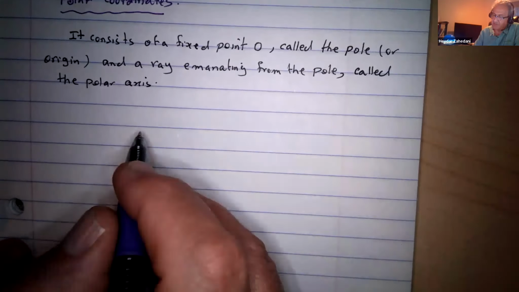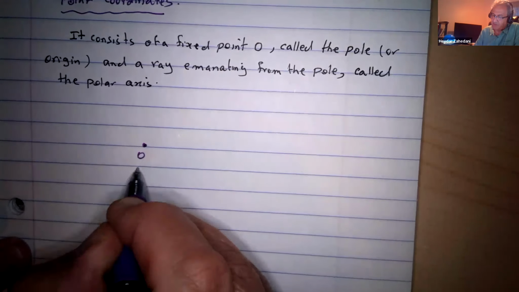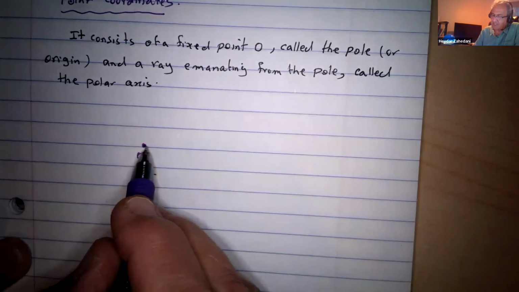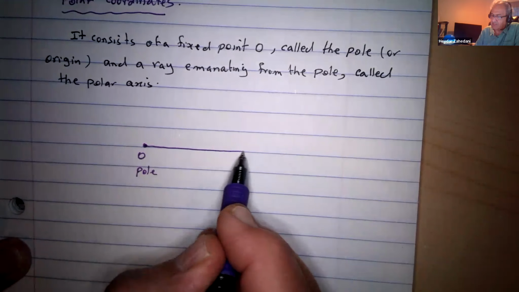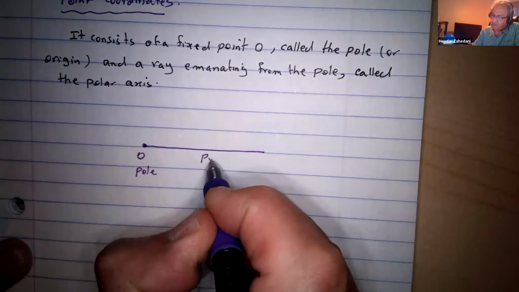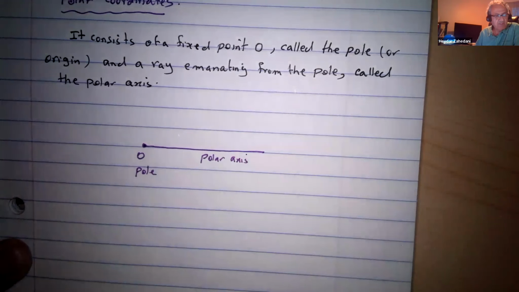You start with the point here. That's the point O, which is the pole or the origin. It's like the origin for the x-axis that we have. Take this line or ray. This is going to be your polar axis.